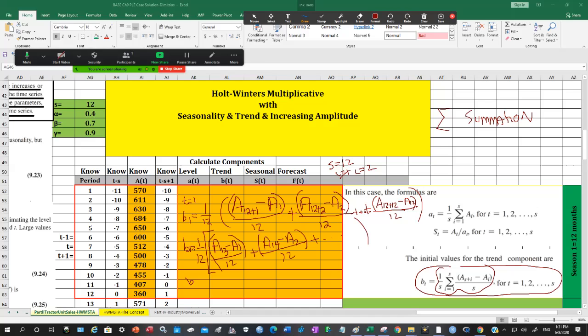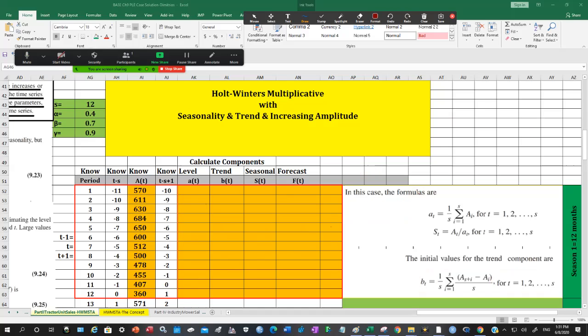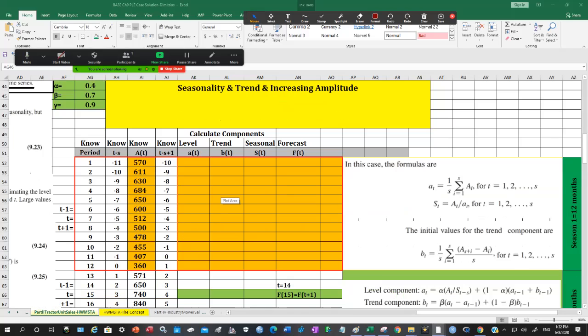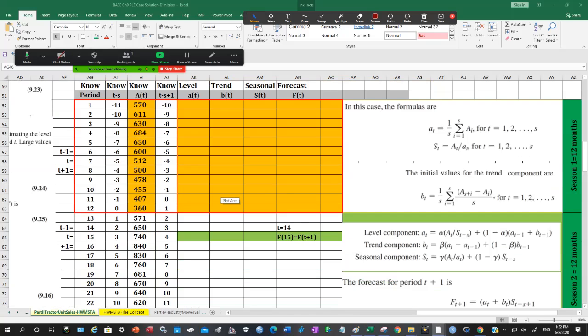So if I move things down a little bit, I know I found the level component, the seasonal component, and here is B1. So here is B of 1.